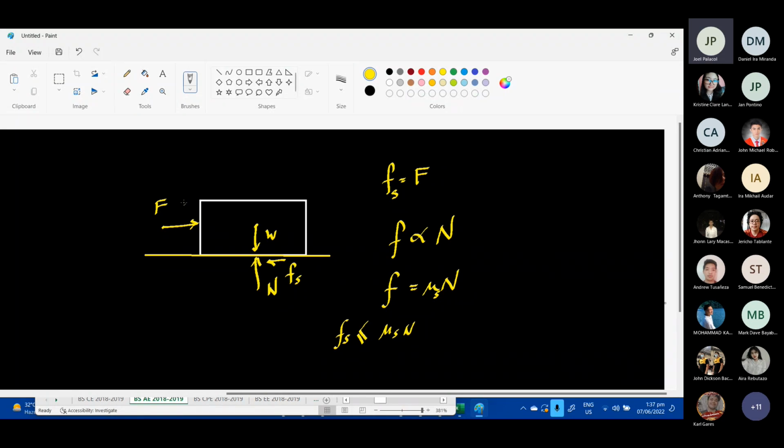But once the applied force is equal to the maximum static frictional force, then the block will begin to slide. It will begin to move. And henceforth, the friction that will be present is kinetic friction. Are there any questions? So the formula is simply F equal to mu N. If it is kinetic, it is equal to mu sub k times N. Is that clear?